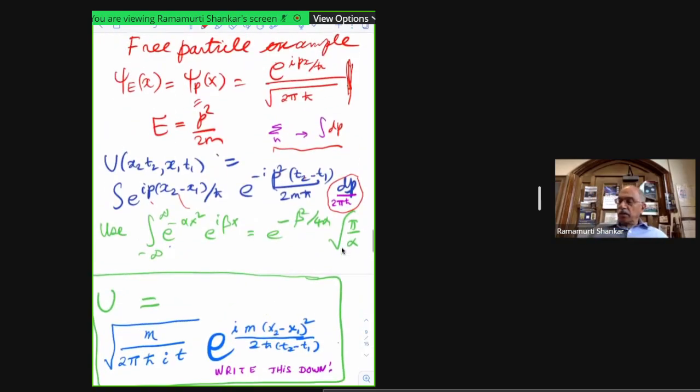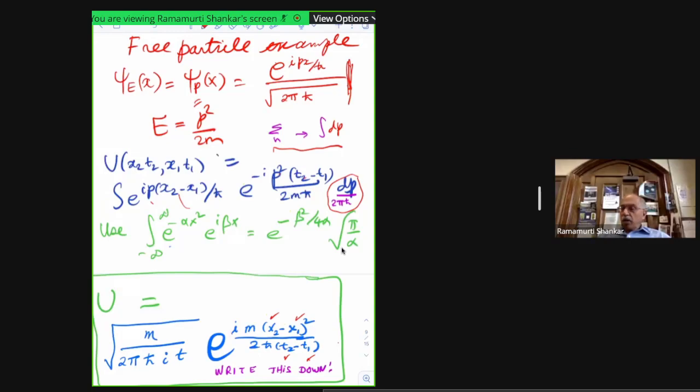This is very important. Here's a concrete example of a U. I talked about U of x1, x2, t1, t2. Here is one. Just take a look at it. It's got an x2, the final position, x1 the initial position, t2 the final time, t1 the initial time. If you multiply this U by psi of x1 and integrate over x1, it will give you psi of x2 at time t2.